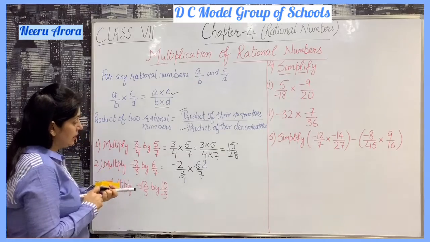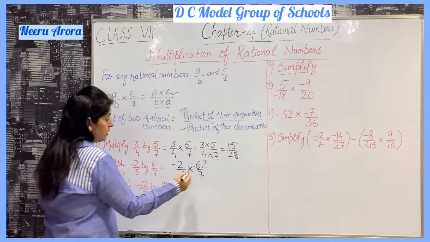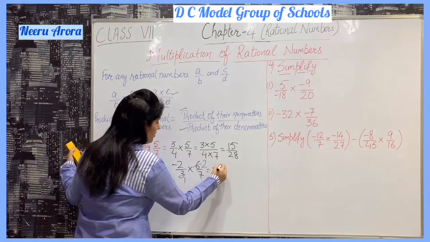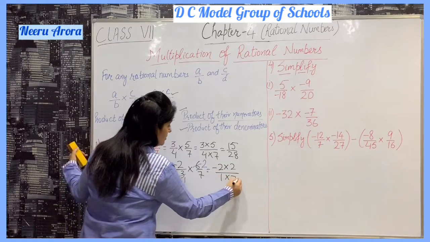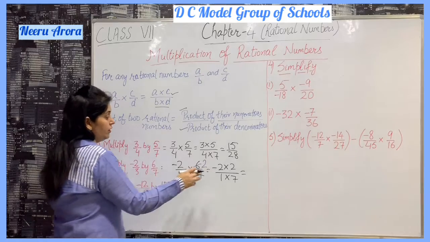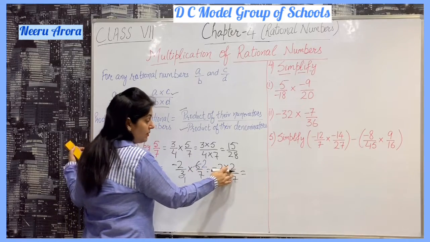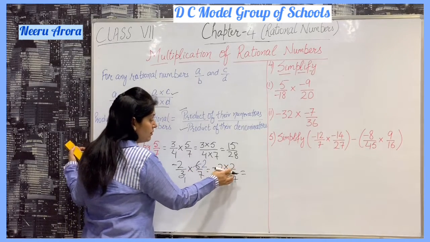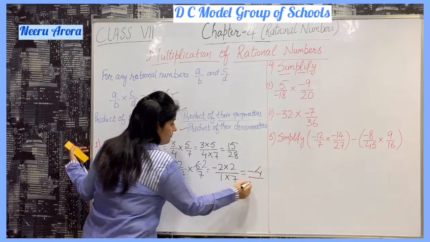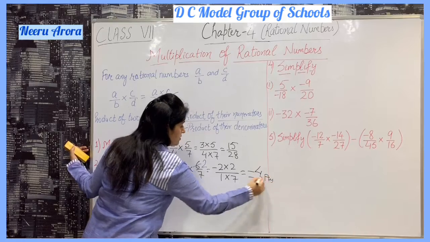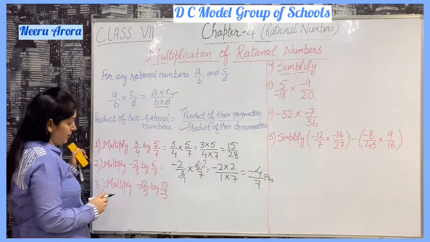So what is left in the numerator? Minus 2 multiplied by 2 and 1 multiplied by 7. When there is no sign, it means plus. Minus multiplied by plus is minus. 2 twos are 4, 7 ones are 7. So the answer is minus 4 by 7.